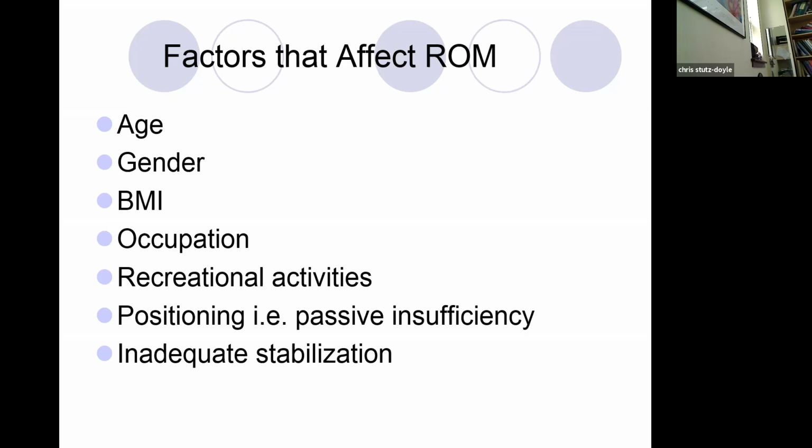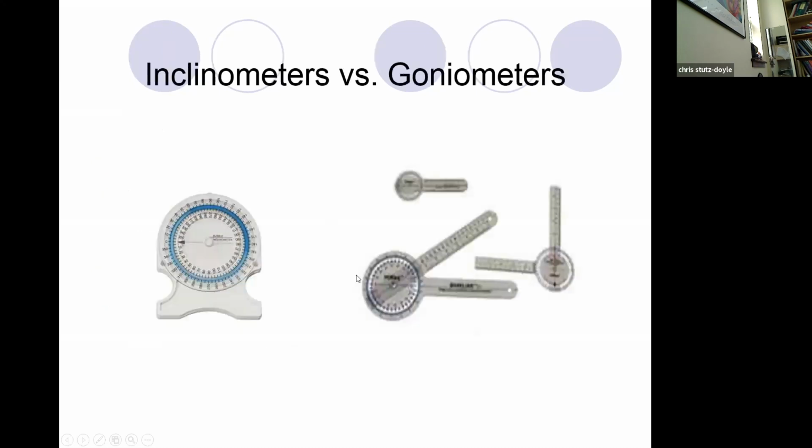So the shoulder needs to be in neutral to measure flexion of the elbow, because if I flex the shoulder and flex the elbow, I can have passive insufficiency, and the triceps is limiting my motion. You guys know what passive insufficiency is.